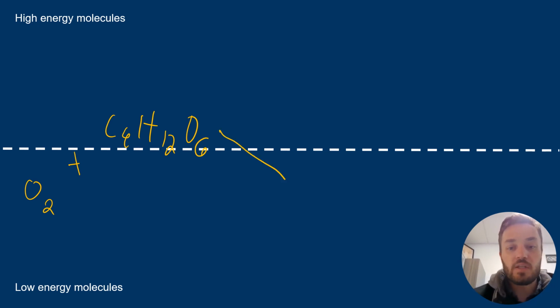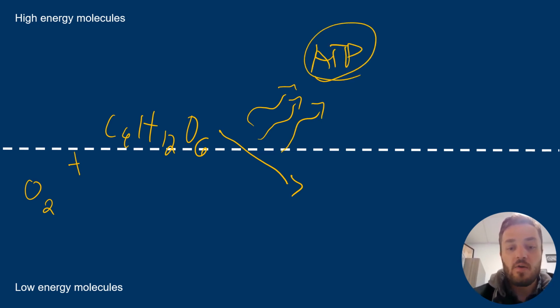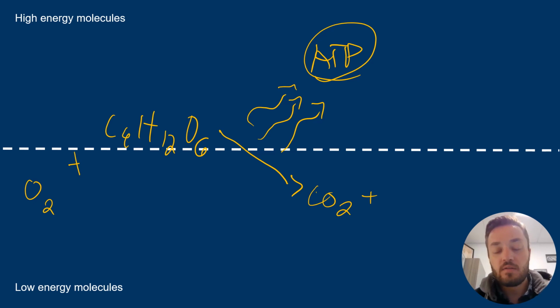And the point is to release that energy so that our mitochondria can use it to make ATP, which is a separate process. But we now end up with these low energy molecules of CO2 and H2O. Come on, let me write.